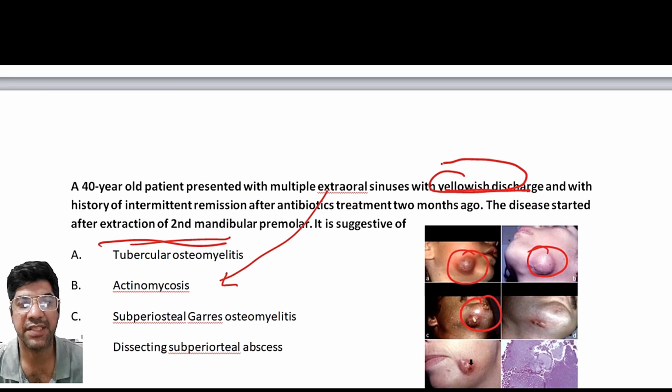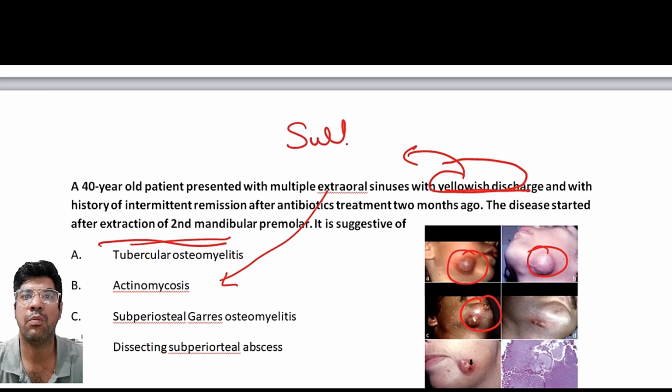This condition is characterized by formation of abscess. A history of intermittent remission after antibiotic treatment is suggestive of actinomycosis. Also the sulfur granules in the yellow discharge are the most important characteristic feature of actinomycosis.